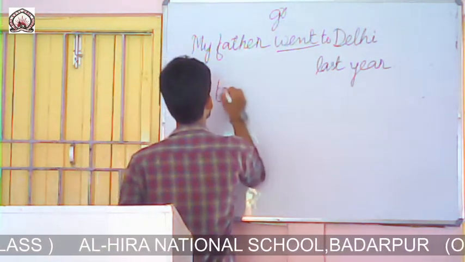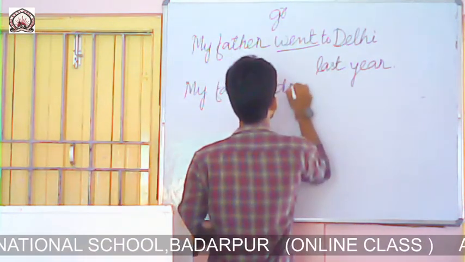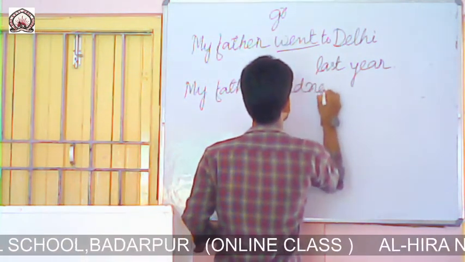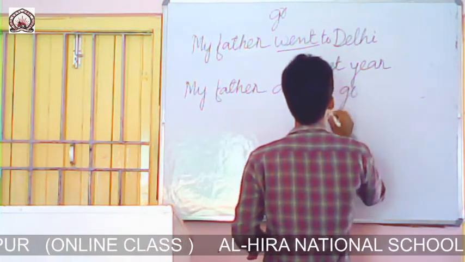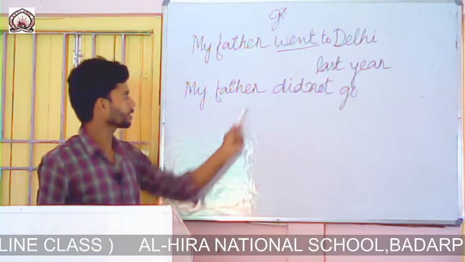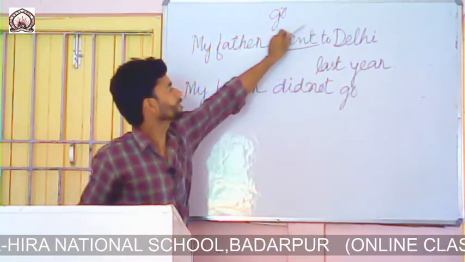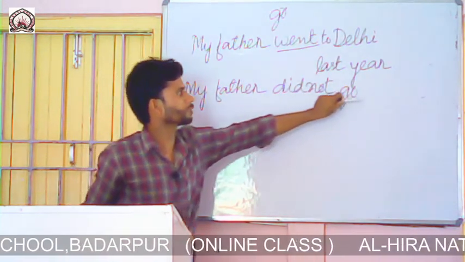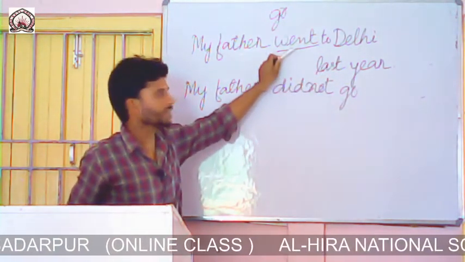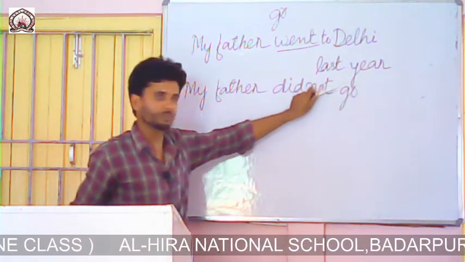My father did not go. After using did not, you can never use the past form. You are to write the original form, the present form. Went has actually come from go, so you write go, the main one.